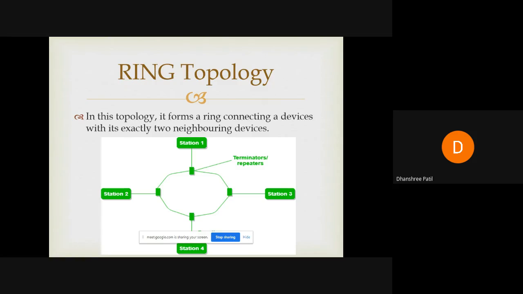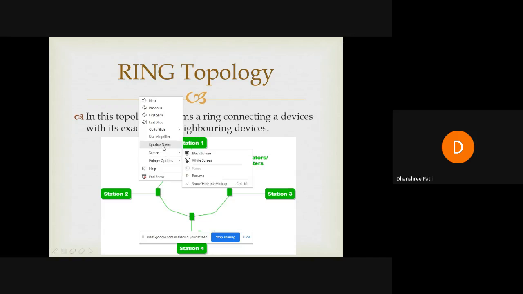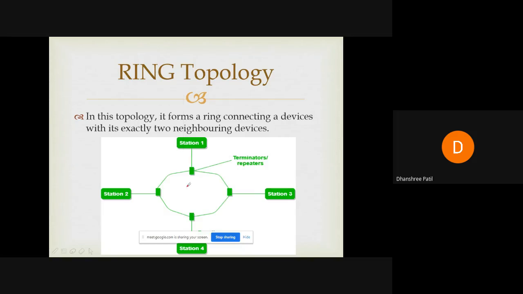There are two types of ring topology: unidirectional and bidirectional. Unidirectional means only one ring is available; bidirectional means along with this one link, one more link is formed like this, again forming a ring-like structure. So two rings are formed to connect the different nodes to each other. So that is nothing but bidirectional.